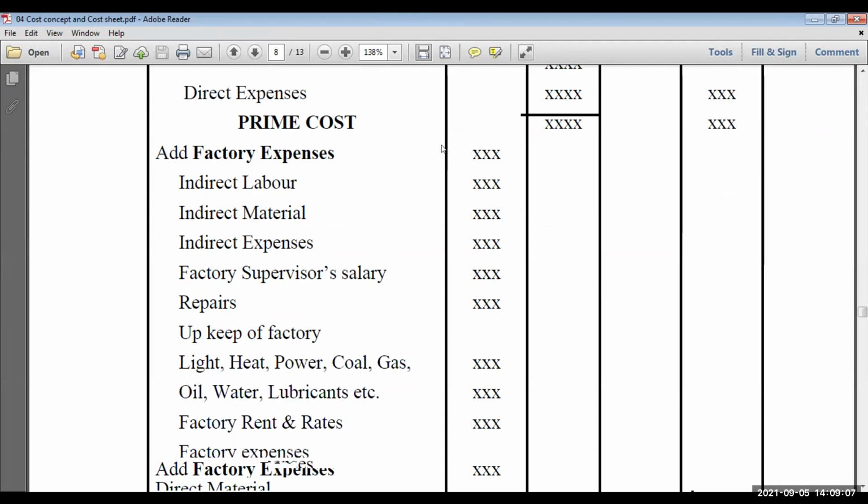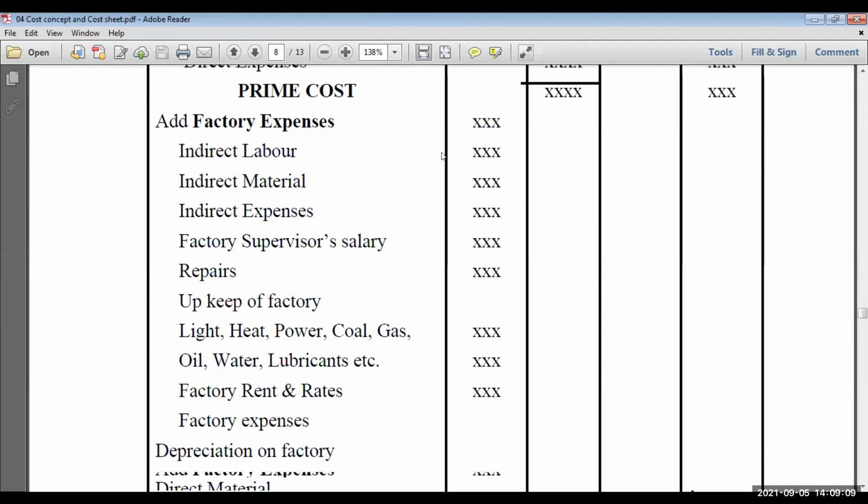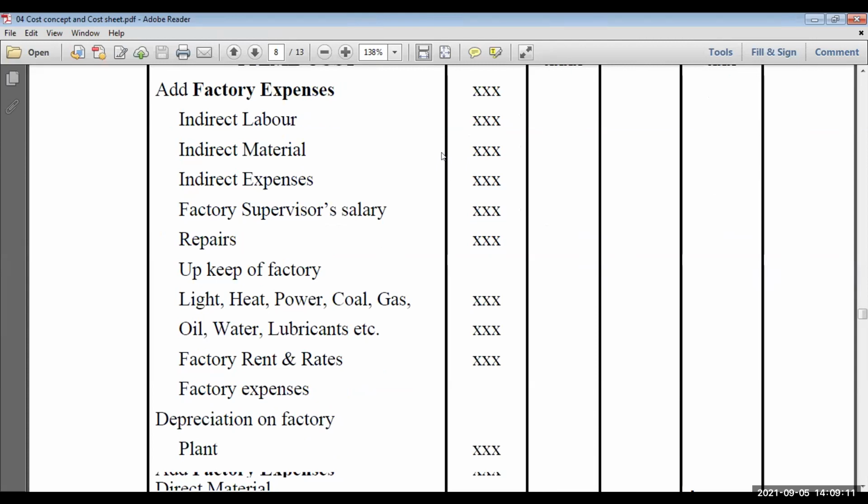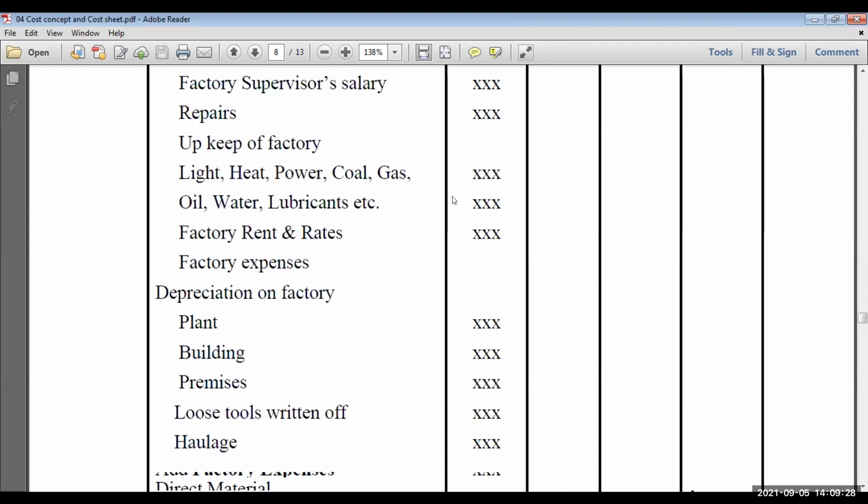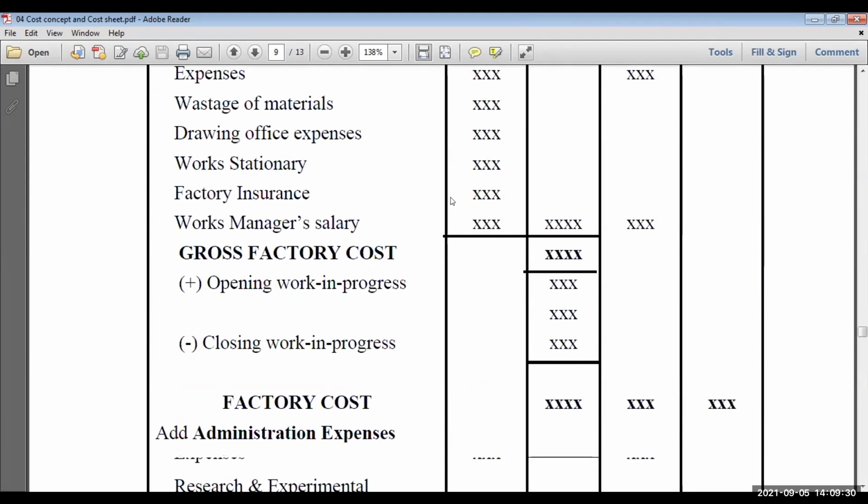So after finding out the prime cost, we have to add the factory expenses. Any factory overheads need to be added here one by one. Then, if you add the factory overheads, you will get the total. After getting the total, we have to add the opening stock of work in progress. What is work in progress?